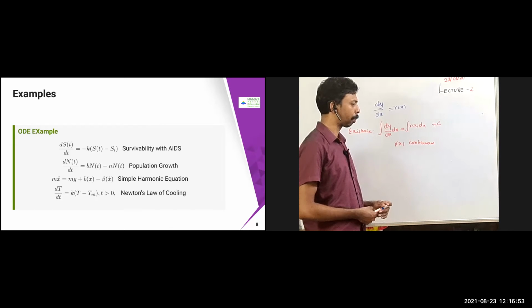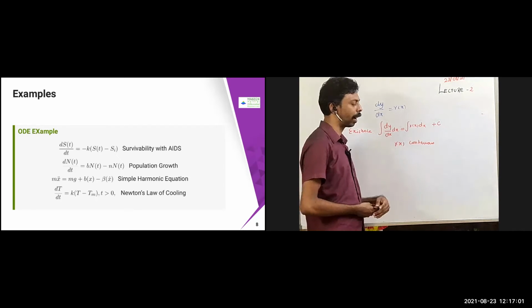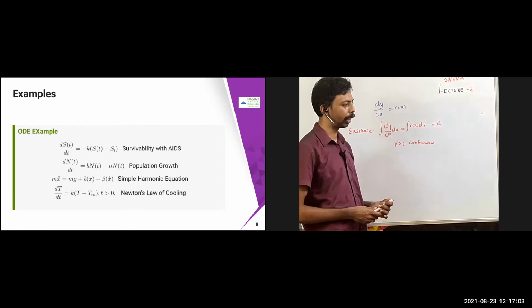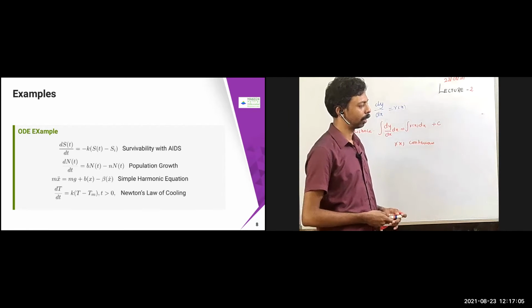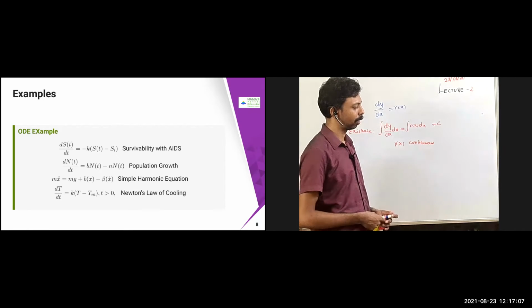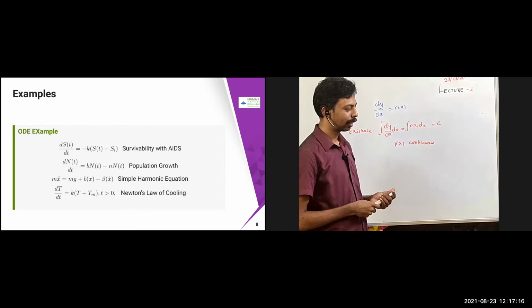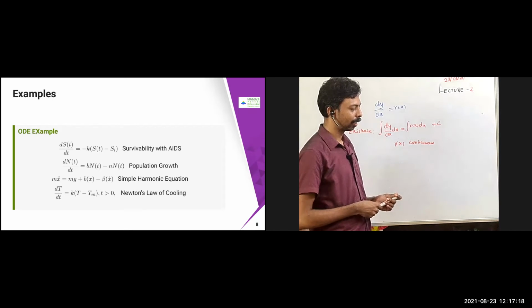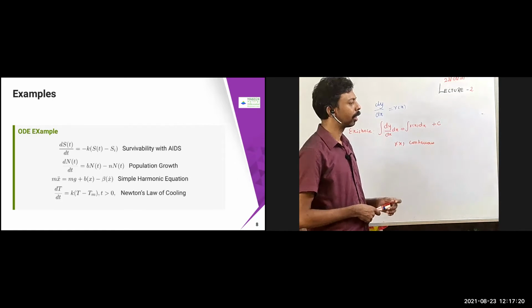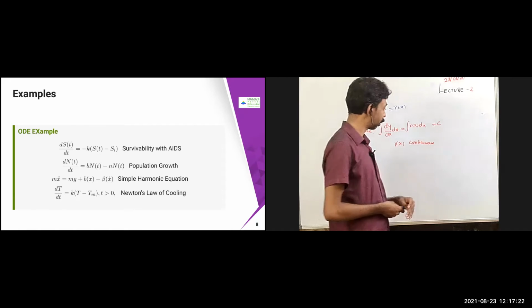Okay, Tejaram? Yes, sir. Yeah, please state one or two theorems which you have studied in the analysis 1 course with respect to integral. Which theorem you want to say? Which, sorry? Which theorem, sir? Okay.